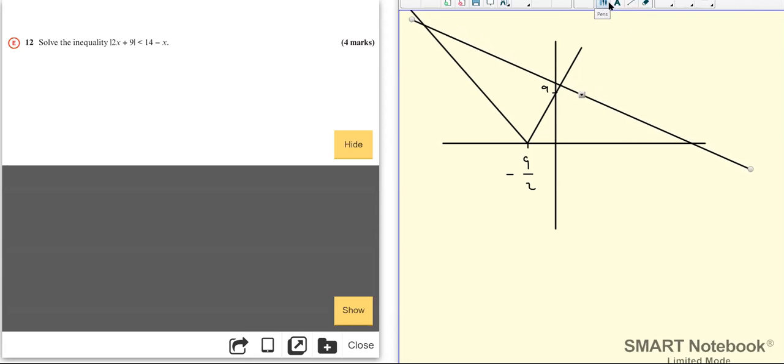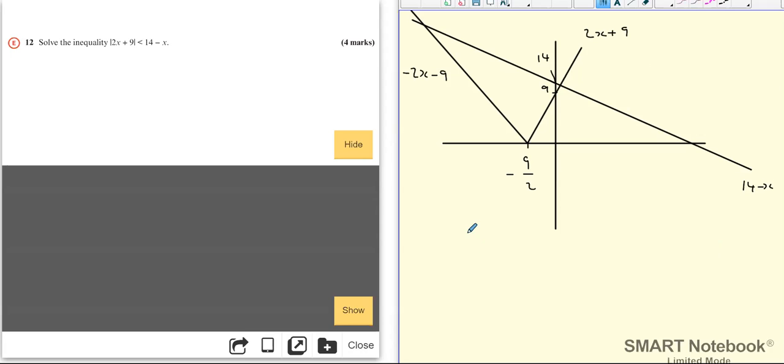I've got something that looks like this. Okay, and what do we have here? We've got our y-intercept is 14 there, and this is 14 minus x. This was 2x plus 9. This was minus 2x minus 9.